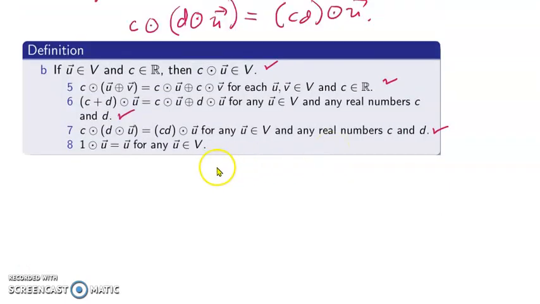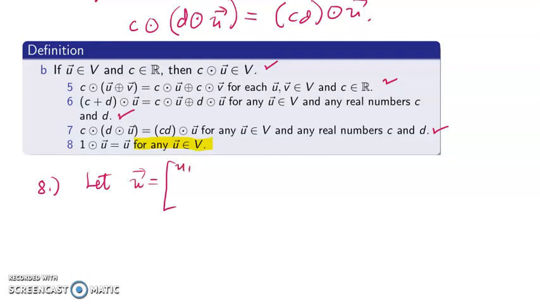And we are now down to the last property. So property number 8. This is now for any, right? So for any vector u in V. So whenever there is a for any, let us start the proof by picking any, really any vector in the set.